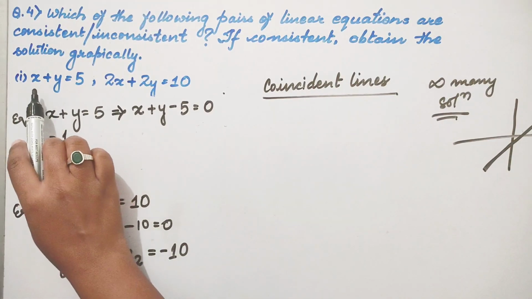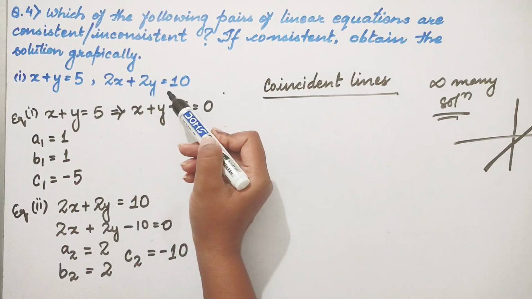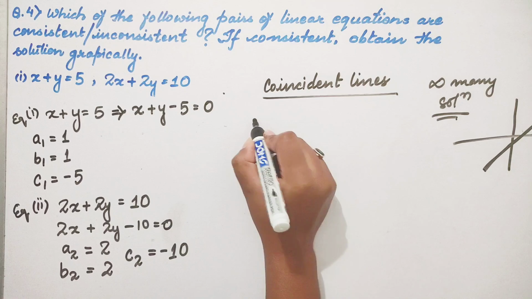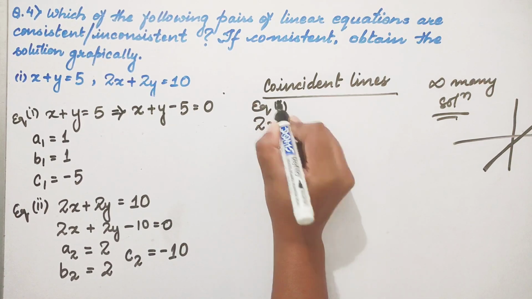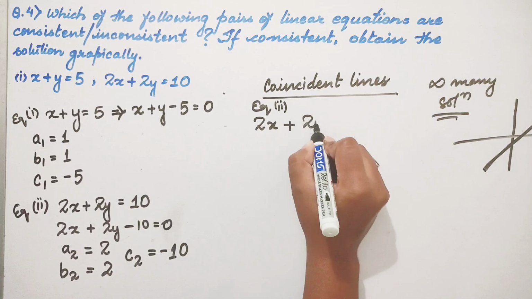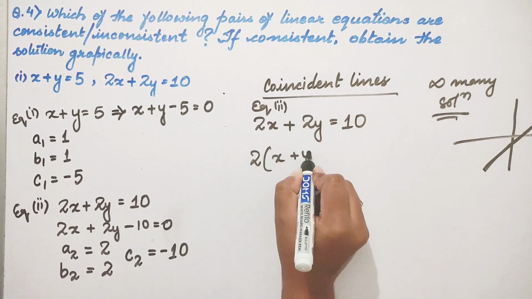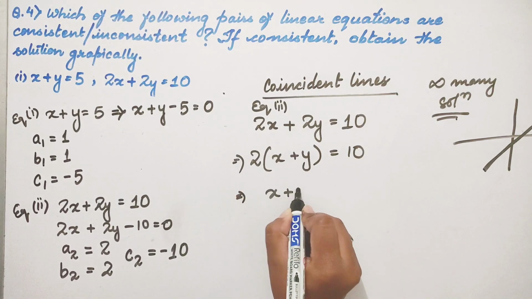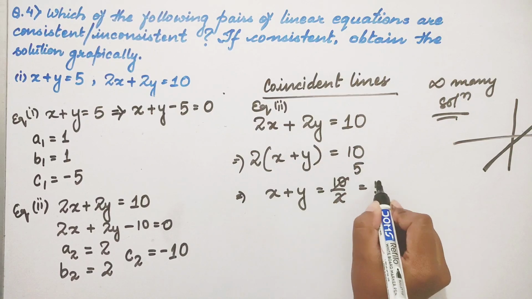For the first, we already have a simplified version of the equation. Now we have to convert the second one so that it looks the same as the first. In equation 2, we have 2x plus 2y equals 10. Here we will take 2 common, so x plus y equals 10 by 2, which is 5.